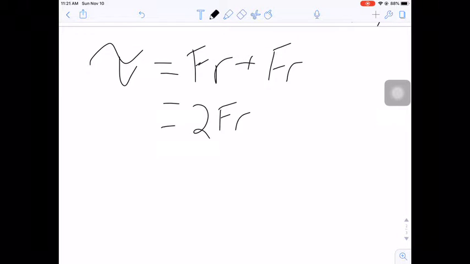We're looking for time, but we can use this torque to find the angular acceleration, which we'll need because we have the angular velocity, but we need the angular acceleration.